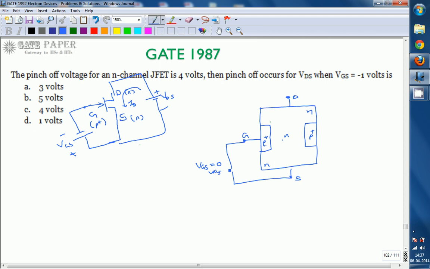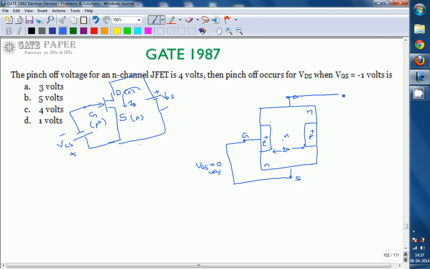VGS is equal to 0 volts. Whenever VGS is 0 volts, the region between the two P plus junctions is maximum. That is generally treated as 2A, which is maximum, so that a maximum current flows from drain to source, as there is a chance for the maximum width.